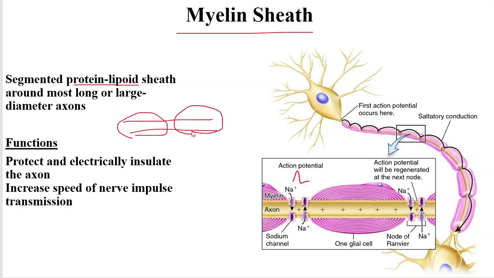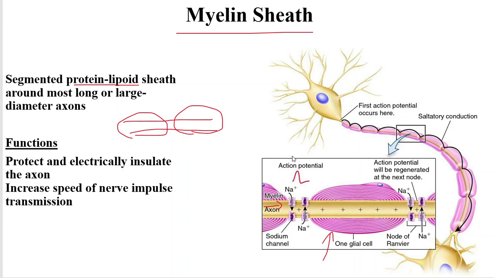This is how we're going to send the electrical signal. So on the areas where you have this glial cell, whether it's a Schwann cell or an oligodendrocyte, doesn't really matter, there is no way for sodium to come in, and we know that when we're conducting an impulse, we're basically allowing sodium to come in and changing this from negative to positive.